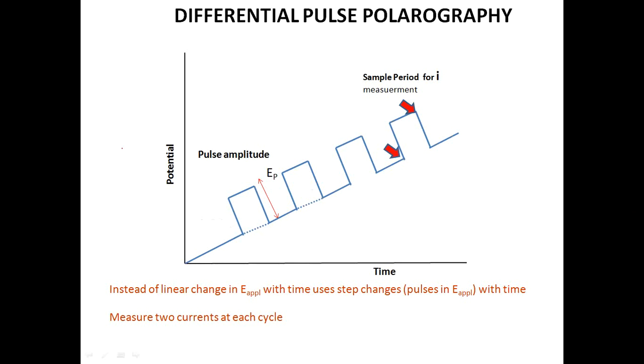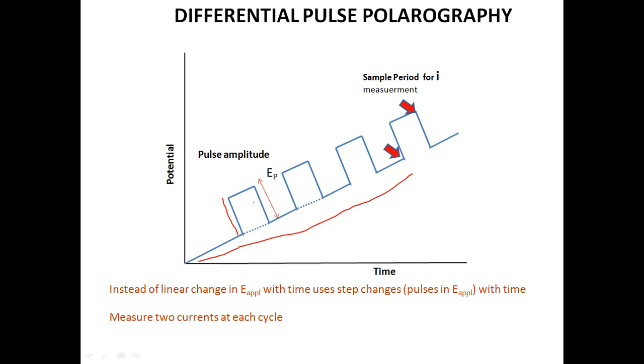So what we were talking about is a linear potential ramp, like in DC polarography, where the potential is increased linearly, right? And onto this linear potential ramp, at every equal interval of time, that is the pulse time, a pulse of potential is applied, and every time the pulse applied is equal.